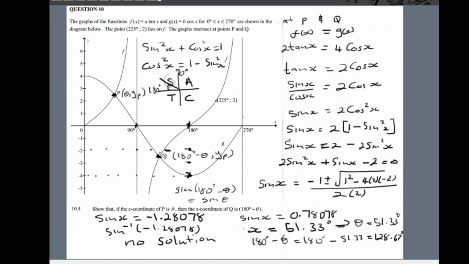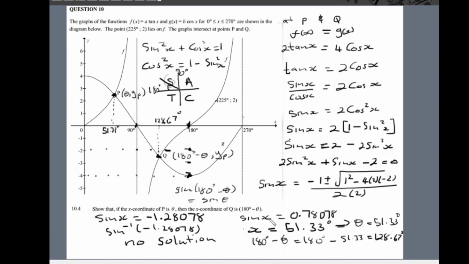It lies between 90 and 180, so this is our second solution, right? This one will be 128.67 degrees and this one here will be 51.33 degrees.